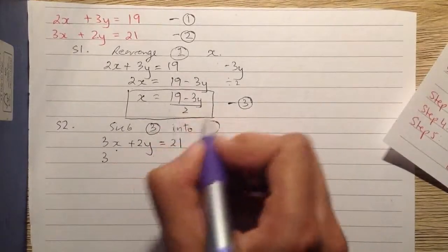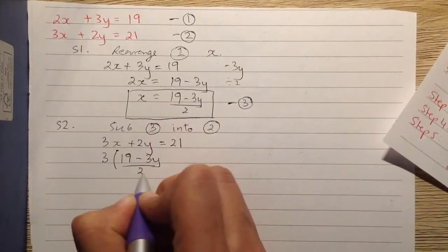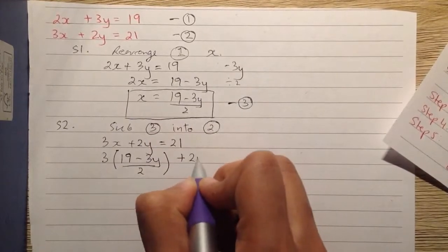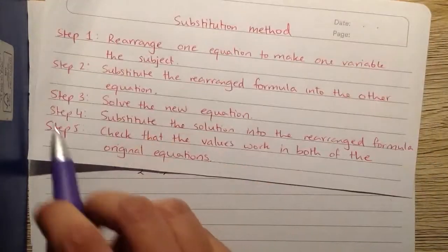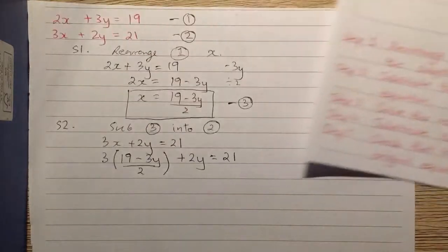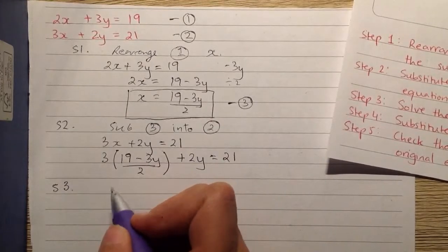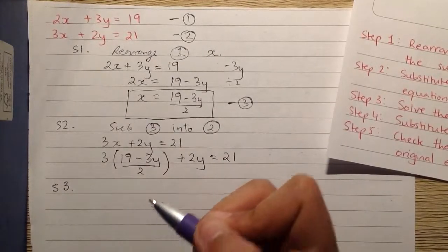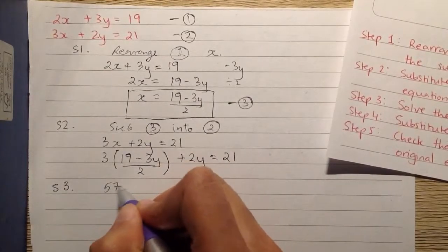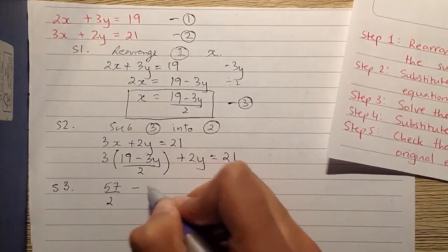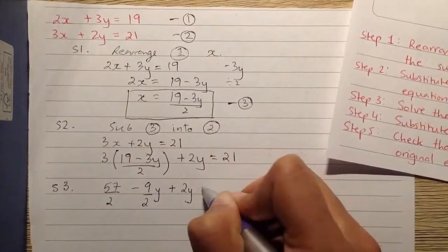3x becomes 3 times 19 minus 3y divided by 2, plus 2y gives us 21. And now we will do step 3, which is solve the new equation. So step 3. Alright. 3 times 19, which is 57, on 2 minus 9 on 2y plus 2y equals 21.